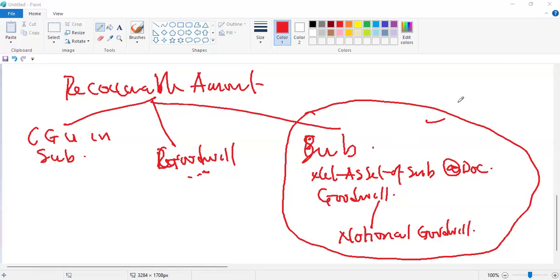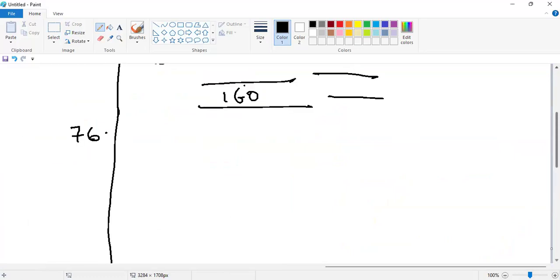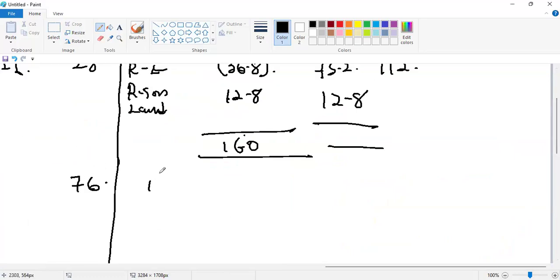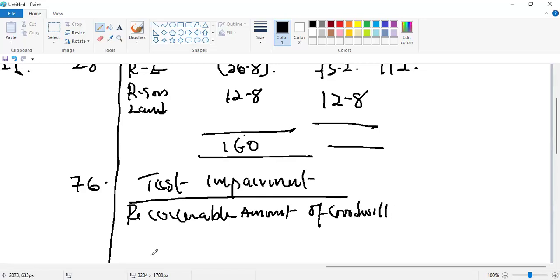Here, I will not need to test for impairment myself. He has given the recoverable amount of the goodwill. They will tell you the recoverable amount of the goodwill, and then the carrying amount of my goodwill, to know whether it has impaired.